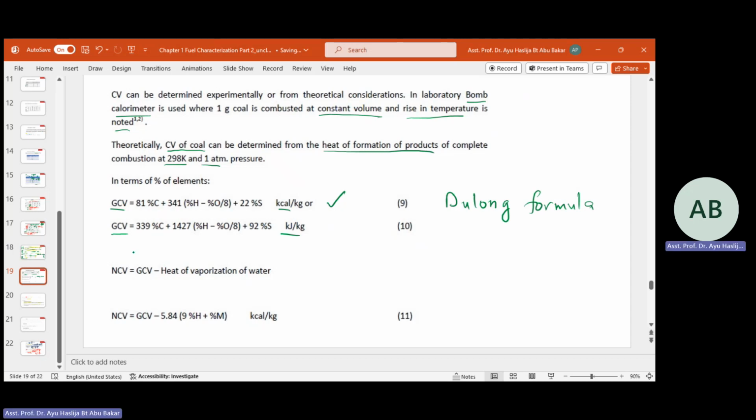This is GCV. Then to get NCV, it is GCV minus the heat of vaporization of water. Remember, this is where H2O liquid turns to vapor.